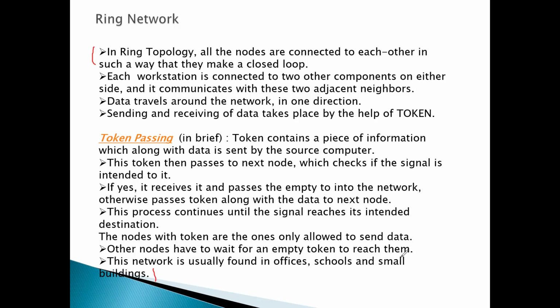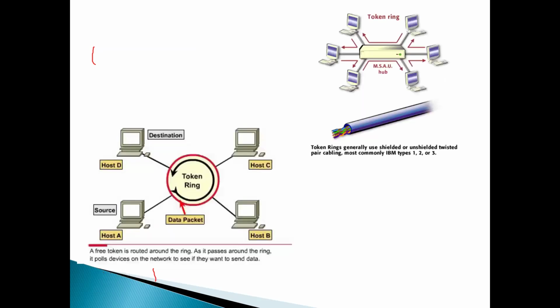Okay, time is over. Two, three minutes left. Here you can see the ring topology. So here you can see there is a switch. This is a switch, which maintains the ring.